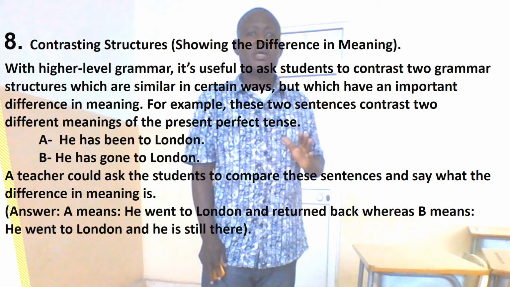A. He has been to London. B. He has gone to London. A teacher could ask the students to compare these two sentences and say what the difference in meaning is. Answer: A means he went to London and returned back, whereas B means he went to London and he is still there.